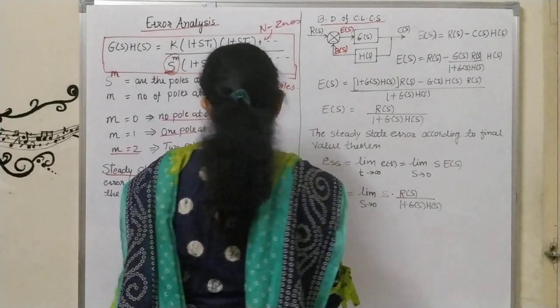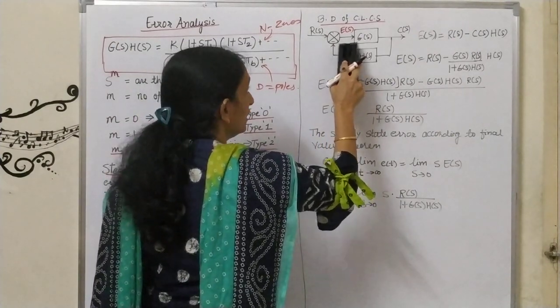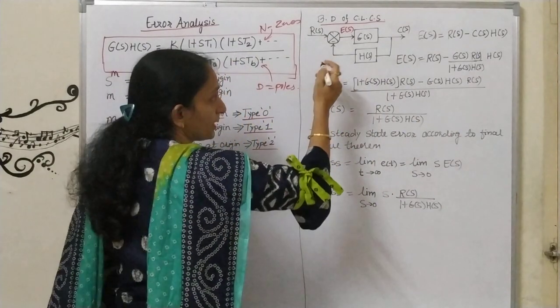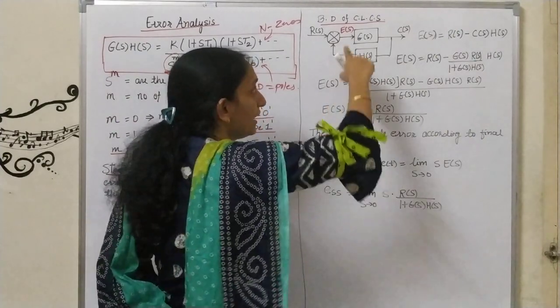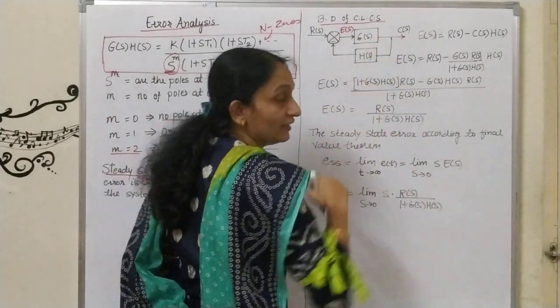Just to avoid confusion, I am not introducing B(s) now, but you can put that term as B(s). I am directly writing. Look at this block diagram carefully. Here the E(s) term is there. I have taken the Laplace transform of e(t) because all the terms are taken in Laplace.